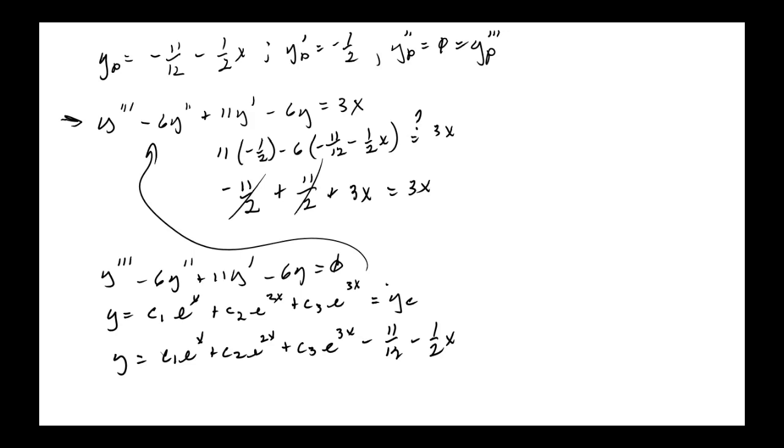So that's your general solution for that non-homogeneous differential equation. You do the homogeneous part, and that has your arbitrary constants in it, and then you do the right-hand side, find what satisfies that, and just add it to the others. That's the procedure.